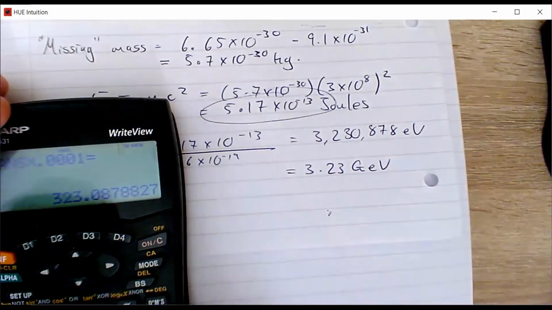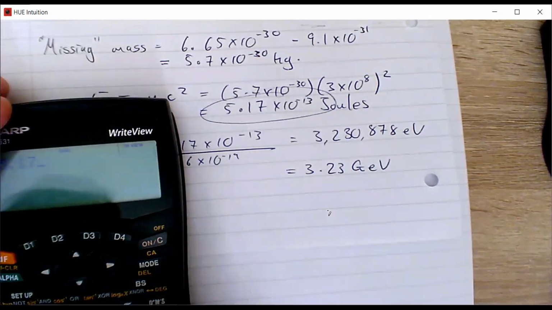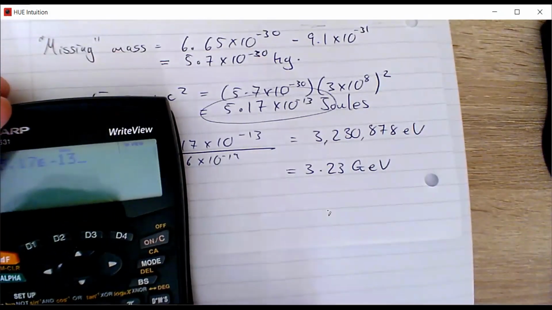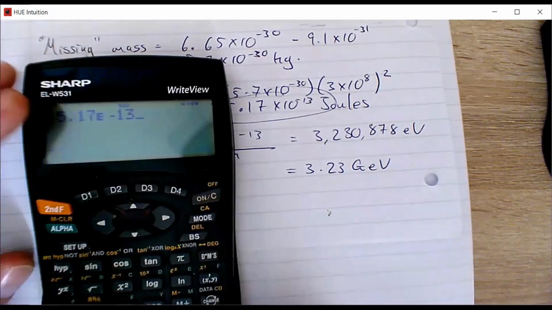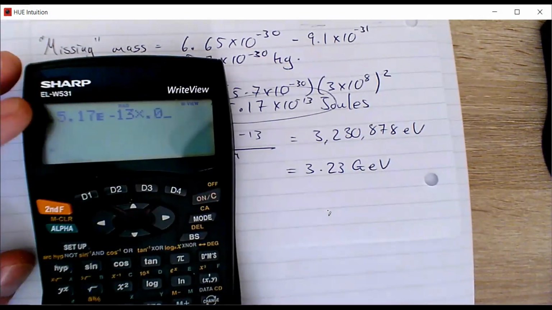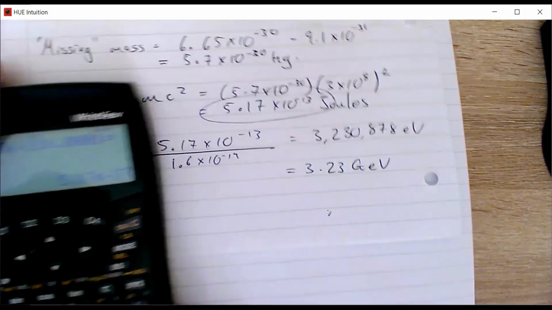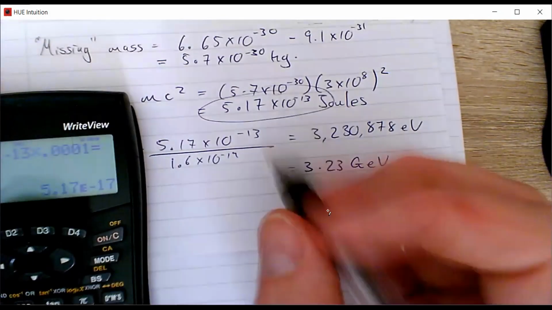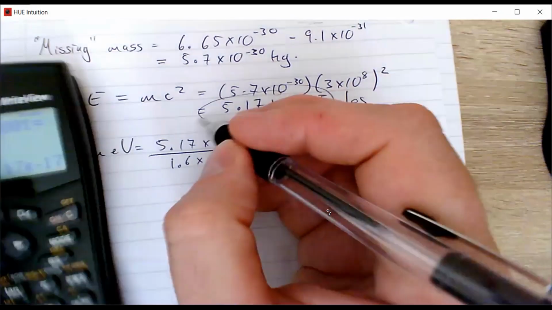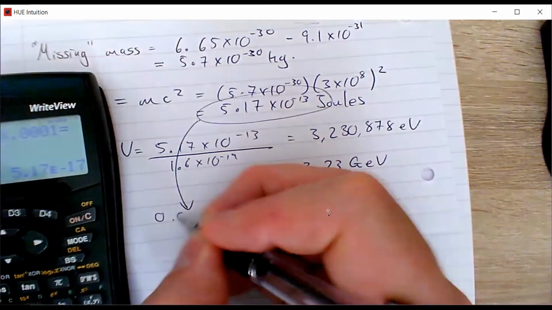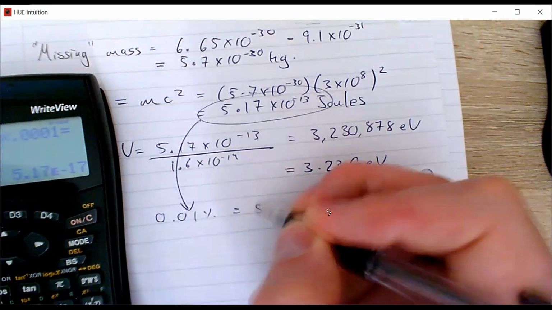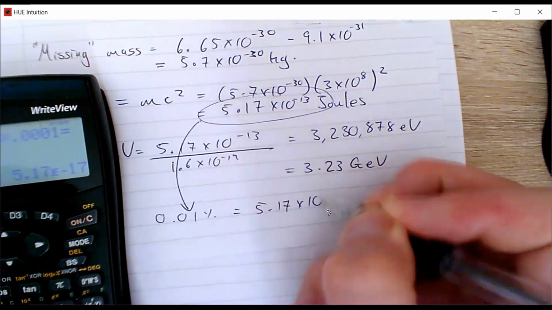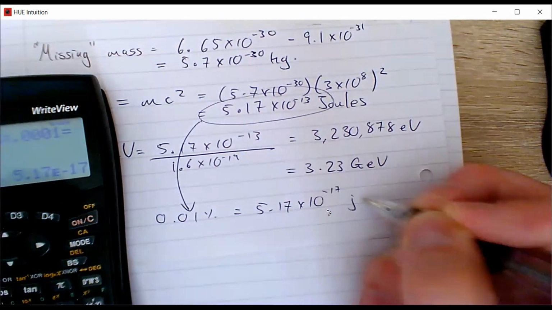So let's go back to our 5.17 times 10 to the minus 13 times 0.0001, which gives 5.17 times 10 to the minus 17. Could have guessed that actually. So 0.01% equals 5.17 times 10 to the minus 17 joules.